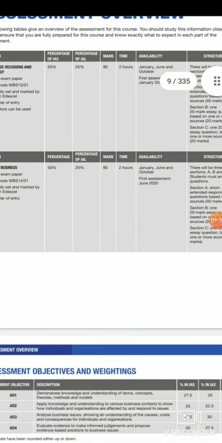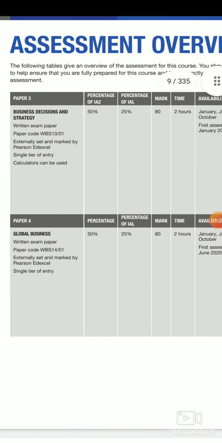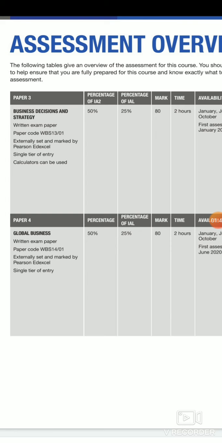So speaking a little bit about the papers that you'll be sitting for the Edexcel examination. I think you might be aware of the COVID happening around the last 2 years. Unfortunately, both during the last year and this year, the June sessions were cancelled.